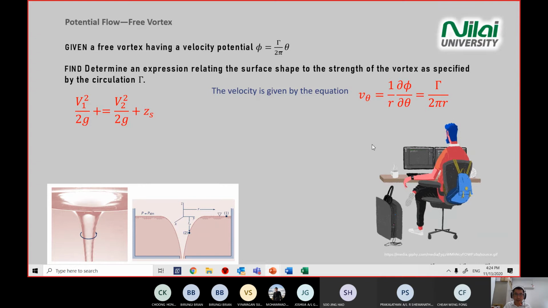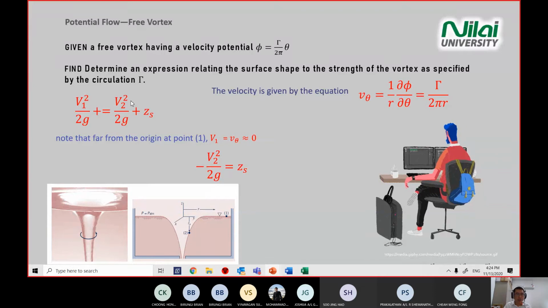Again, at point 1 the velocity equals 0, so our Bernoulli equation is further reduced. We don't have the V1 component, so we only have negative V2 squared divided by 2g equal to zs.